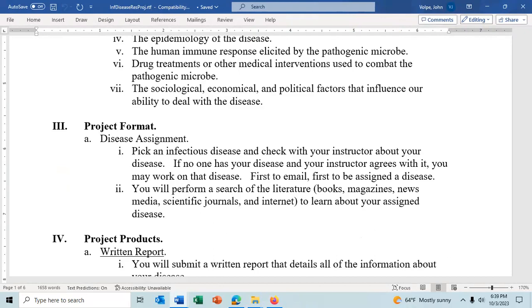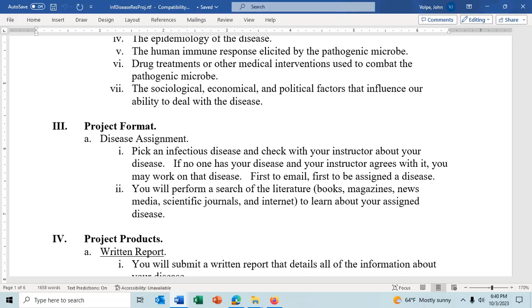Meaning, I want you to do something like strep throat caused by Streptococcus pyogenes. It is possible, like pneumonia, you can pick one organism that causes pneumonia, but this disease, pneumonia, can be caused by many different organisms, including bacterial species that can cause pneumonia, Streptococcus pneumoniae, Klebsiella pneumoniae, and there's another one I forgot.